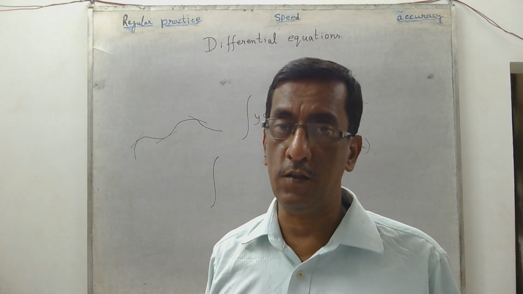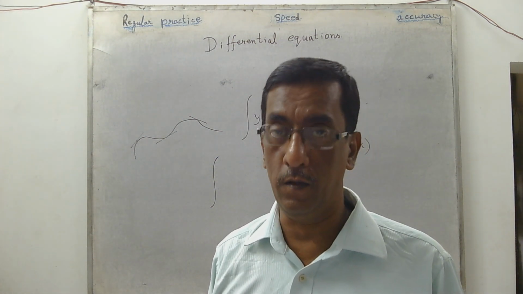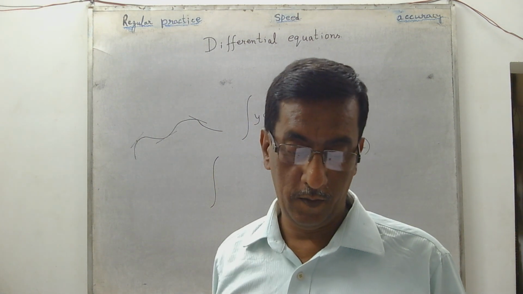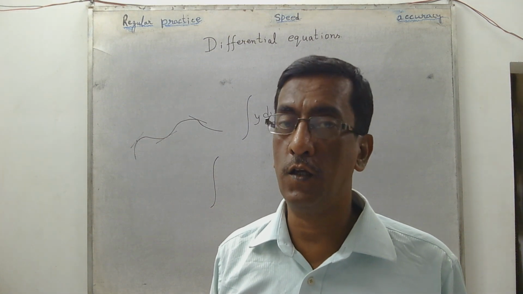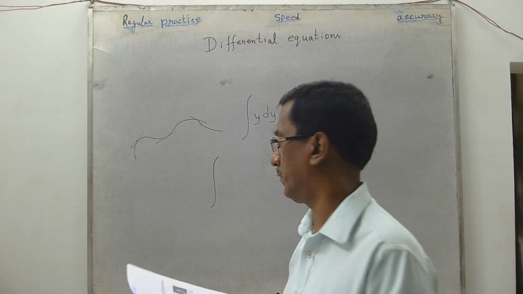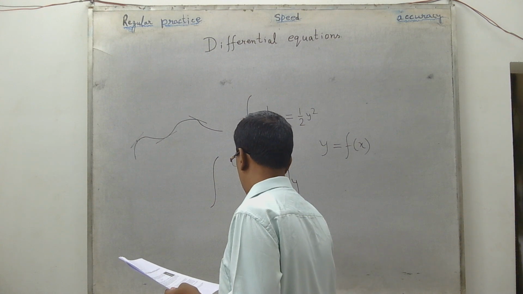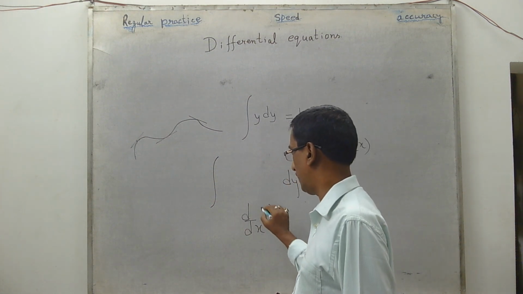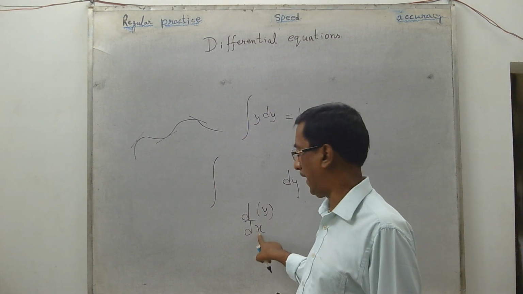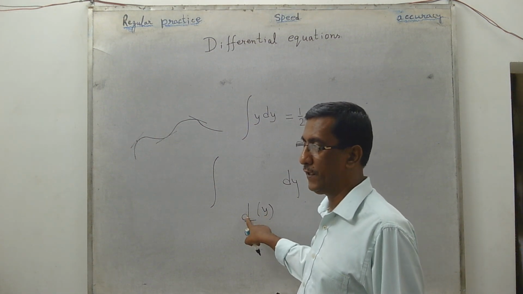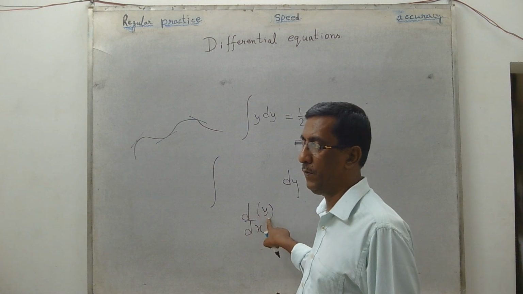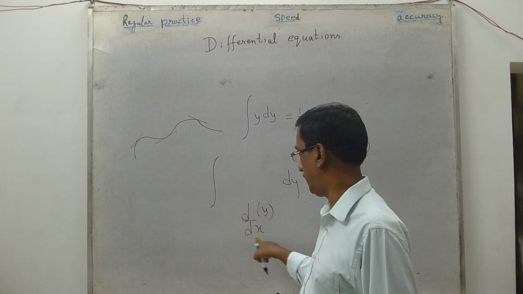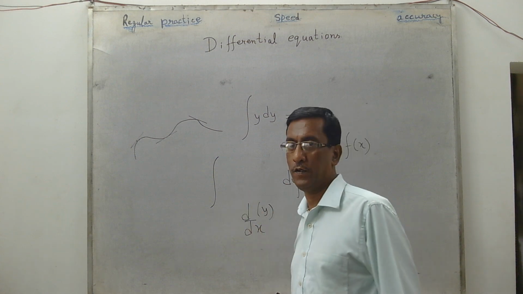The rate of change of a dependent variable with respect to an independent variable is called differential coefficient. dy by dx: this is the independent variable and this is the dependent variable, and the rate of change of the dependent variable with respect to the independent variable, this portion, is called a differential coefficient.